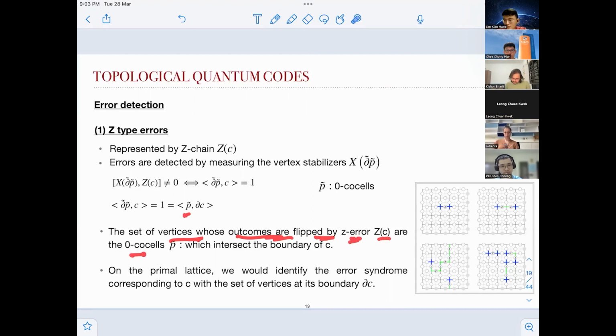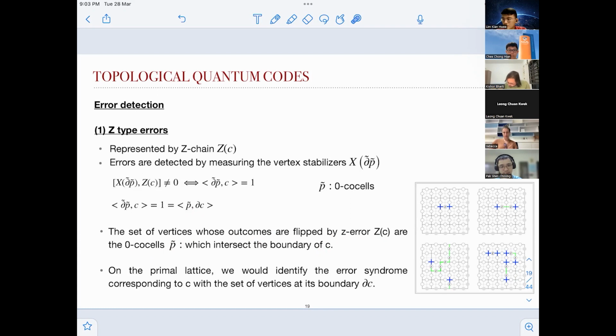So the set of vertices whose outcomes are flipped by the Z error are basically the 0 co-cells p tilde which intersect the boundary of C. So you have C, and there will be this boundary of C, and all those 0 co-cells p tilde which intersect the boundary of C are what will detect the error.